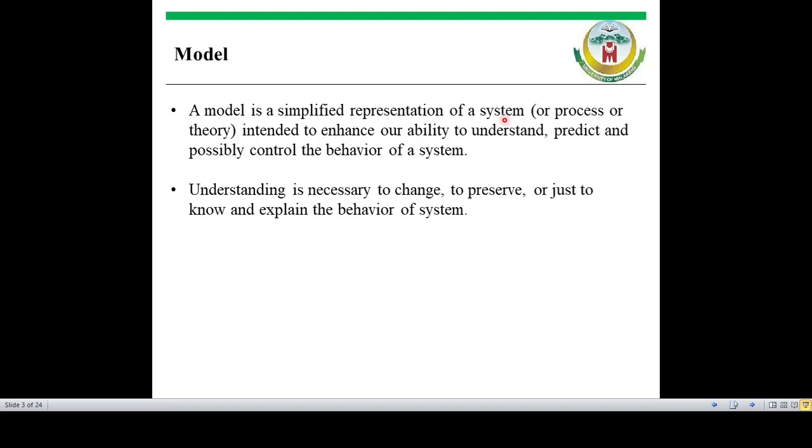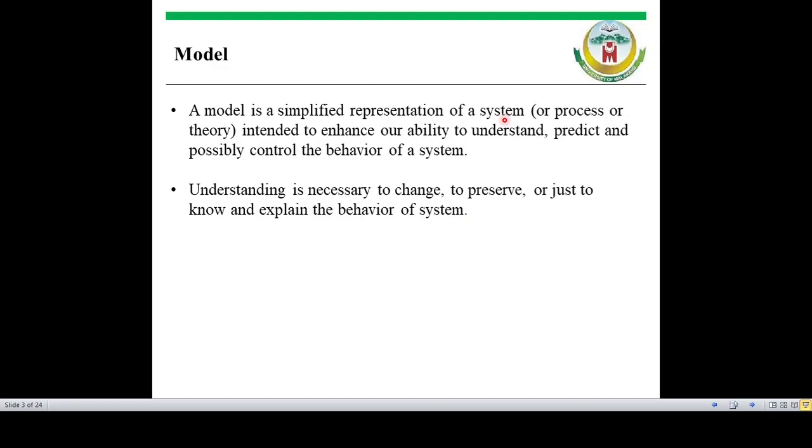Or we can also define a system in which each component performs some subtask, and when all these subtasks are combined, we get one whole task. So that is the definition of a system.